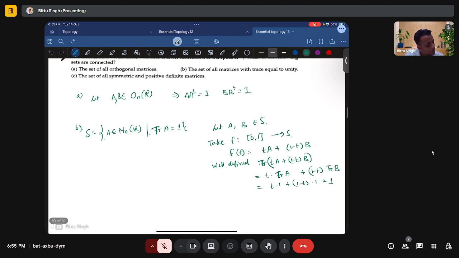Therefore, there is a path between A and B, right? And the path is given by this function f. Therefore, f is a path starting at A and ending at B.